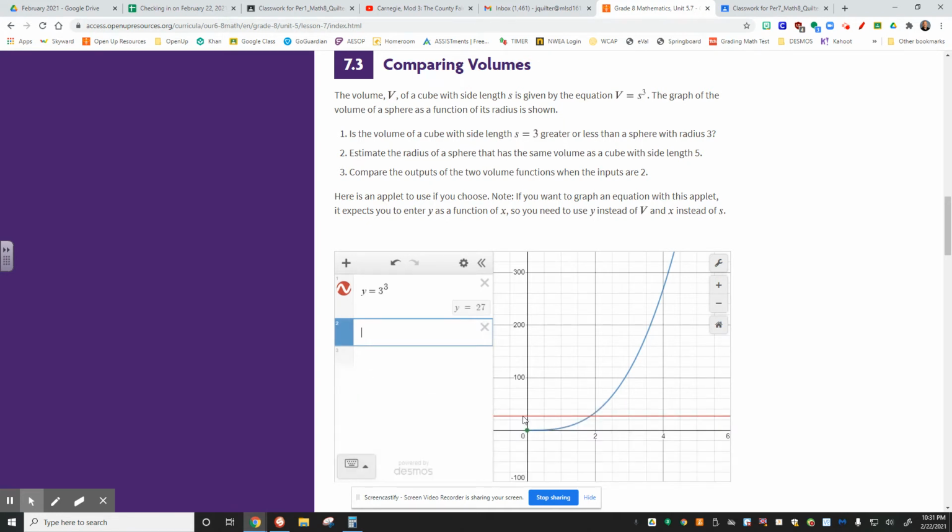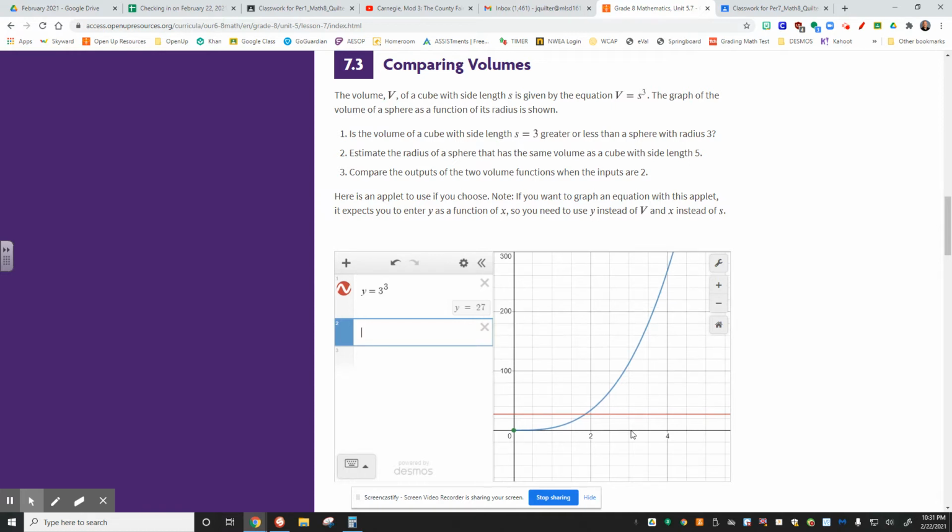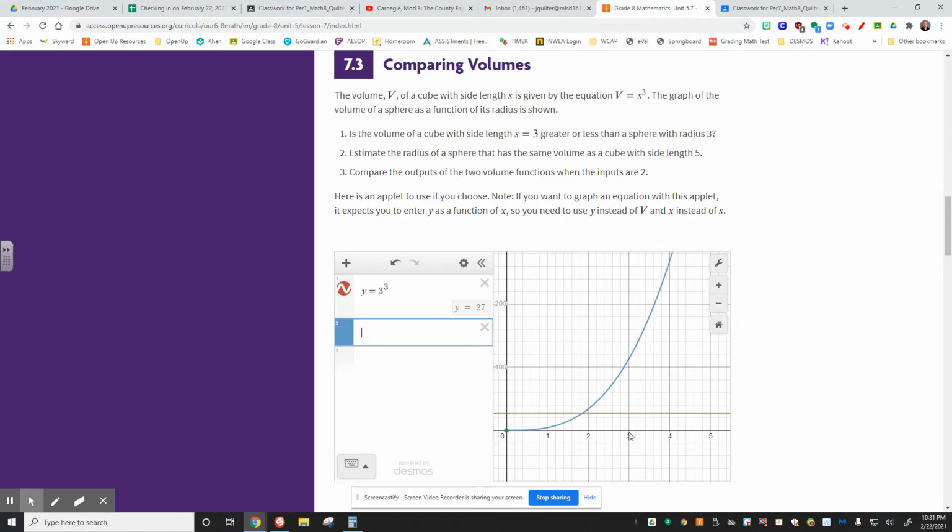What you'll notice is that a red line has appeared here. That red line represents the volume of that cube as compared to the blue line, which represents the volume of the sphere. And so when we compare these two, it says, is the volume of a cube with side length S greater or less than the sphere with a radius of 3? Well, if we zoom in just a little bit, we'll bring up 3.